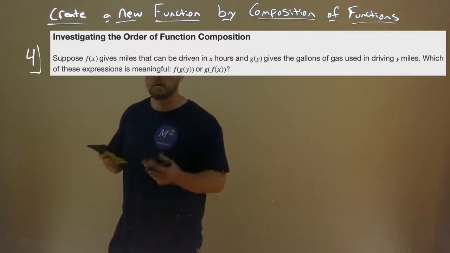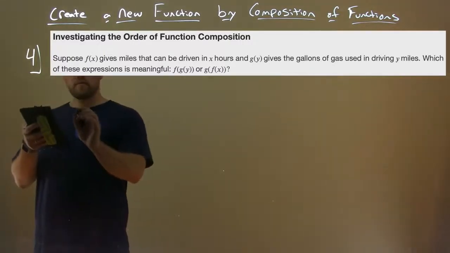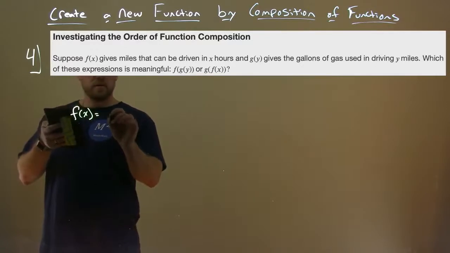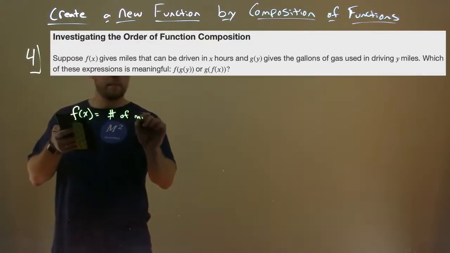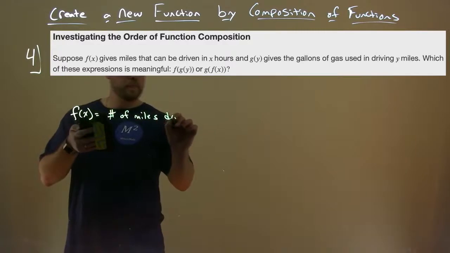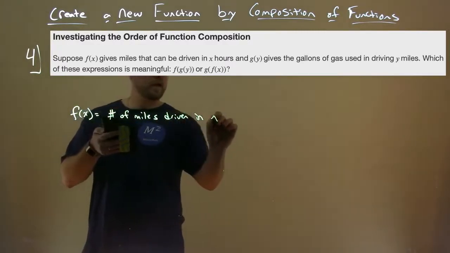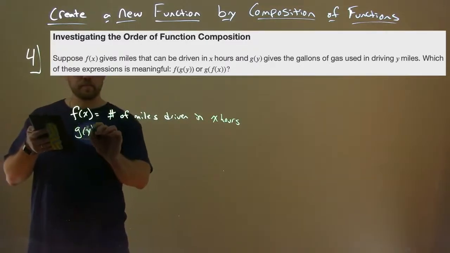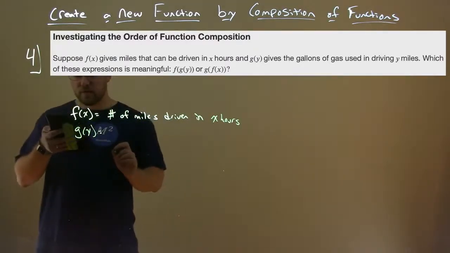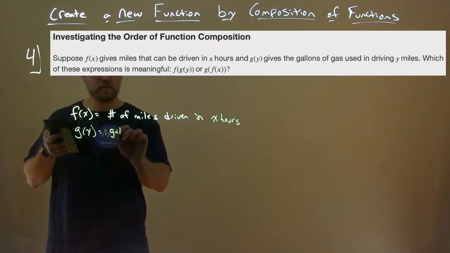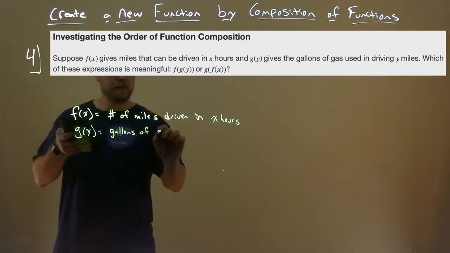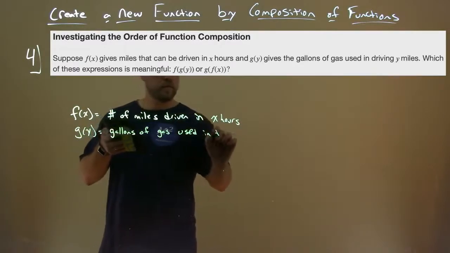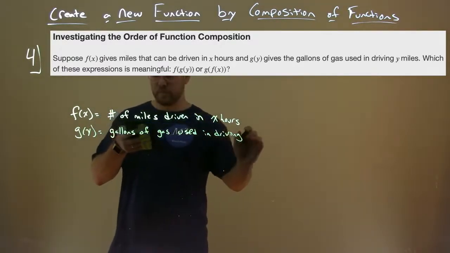So let's just see what each one of those are. f of x is the number of miles driven in x hours, and g of y is the gallons of gas used in driving y miles.